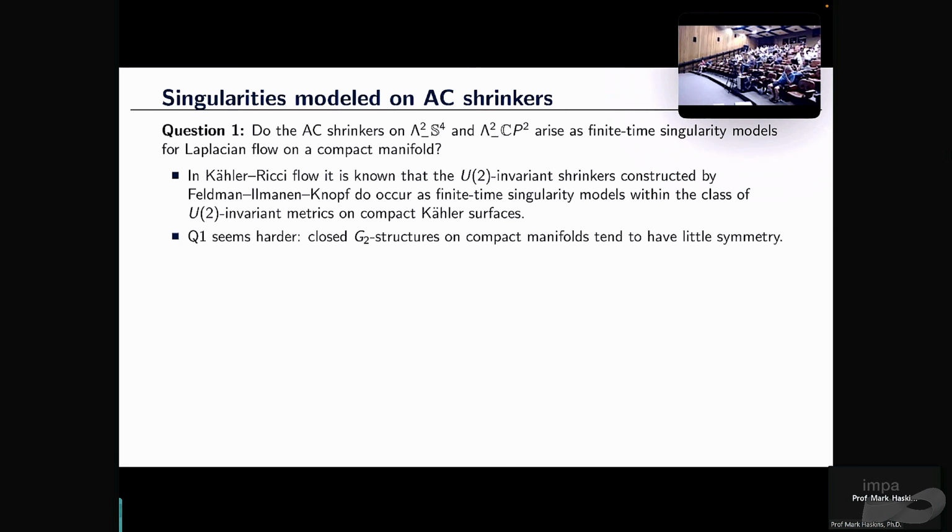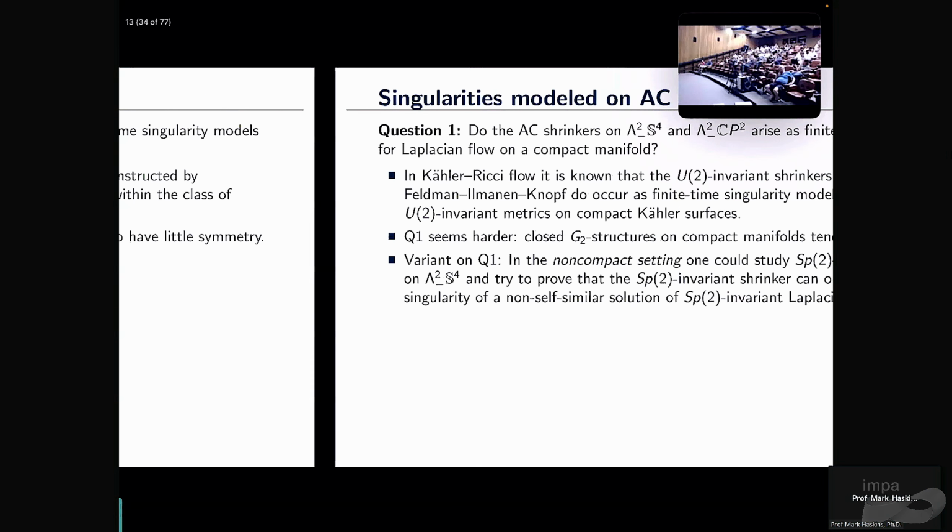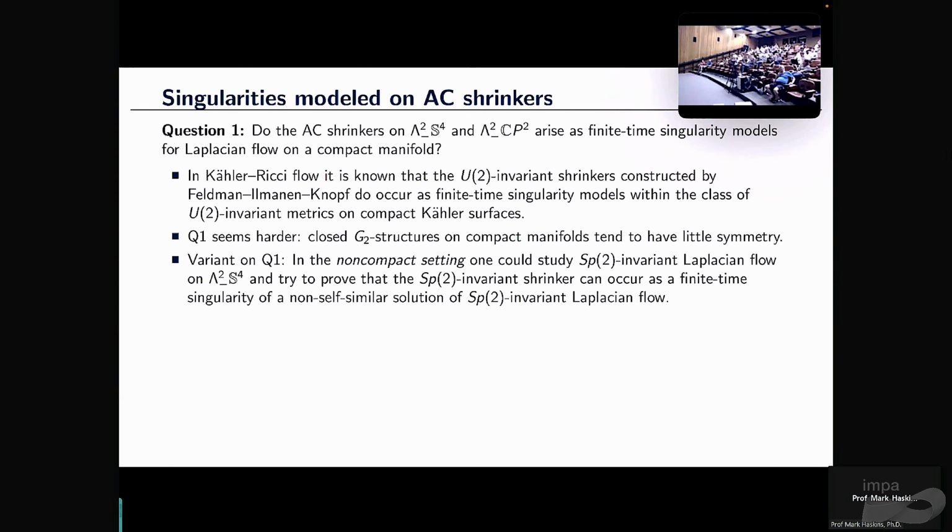So we could try to do something similar in Laplacian flow. The main difficulty is that it's much more difficult to get closed G2 structures on compact manifolds with a lot of symmetry. That's the obstruction here. But there's a variant on this that, at least in the non-compact world, seems more approachable.